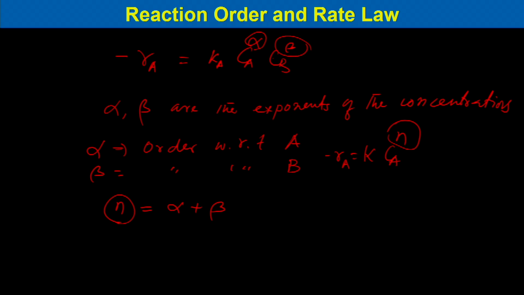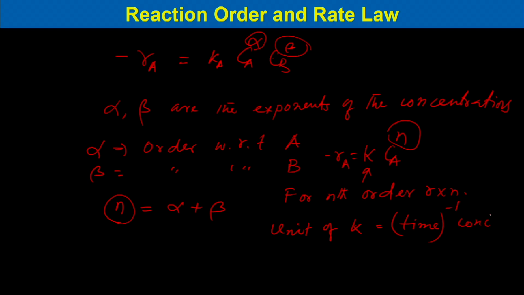In an nth order reaction, the unit of rate constant k would be equal to time inverse concentration to the power 1 minus n. So, this is the unit of k.